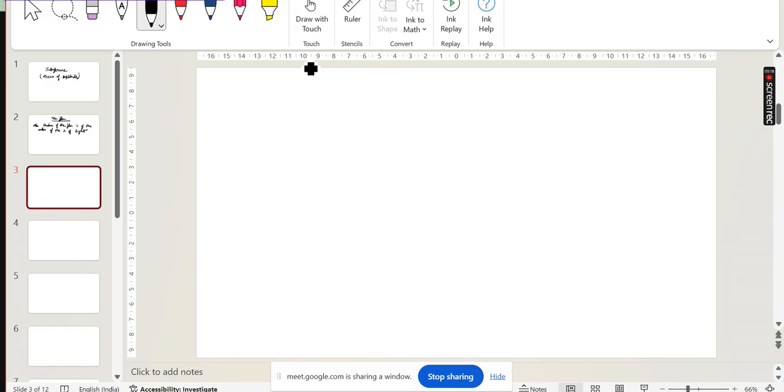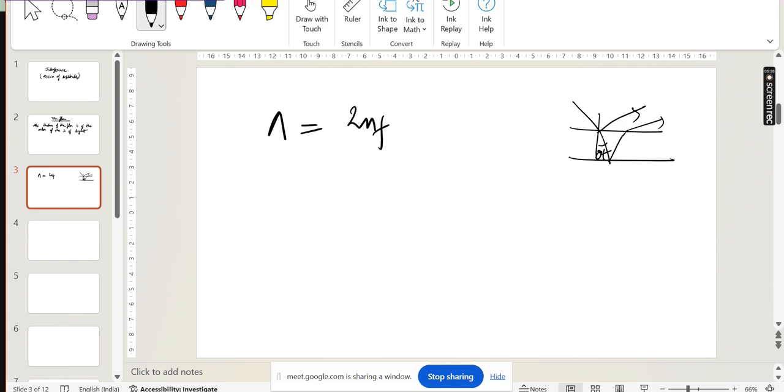We have seen that the optical path difference between this beam and this beam, where this angle is theta t, is 2 nf d cos theta t. Here n1 is on both sides and n2 is the film.